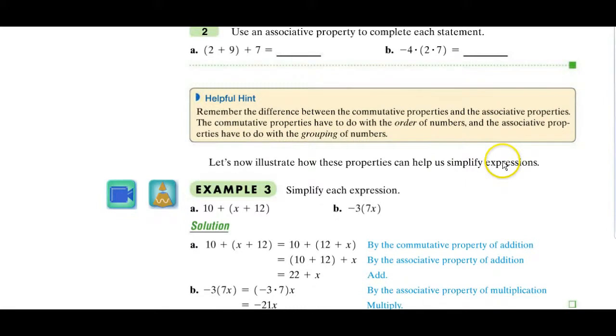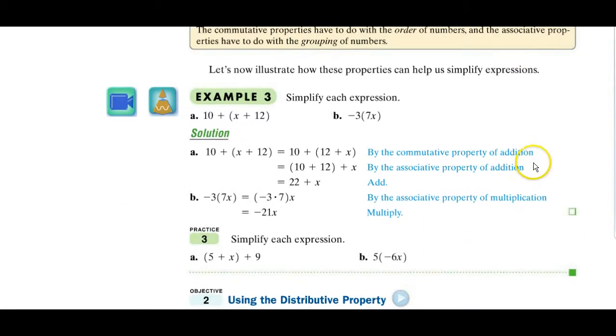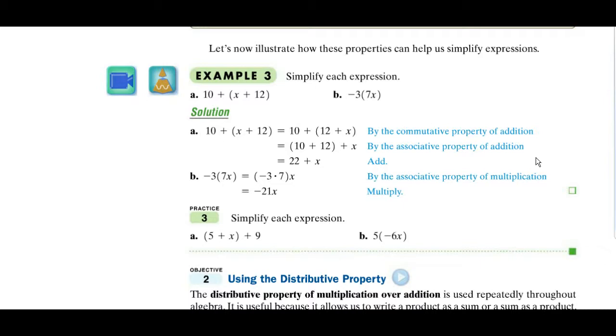Now, we do a lot of this. I remember when I taught high school algebra, we used to have to write the rules that allow us to do this. Here they only want you to do it. So what I would do is flip around the 12, then group the 20 and the 12 together, and get 22 plus x. And here I would multiply the negative 3 times 7, and that would give me a negative 21x.